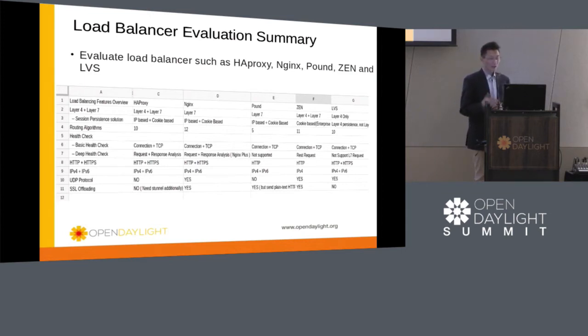HAProxy supports active deep health check, sending the request and analyzing the response. Nginx is able to send the request and analyze the response, but it needs you to pay for the commercial version. There are some other metrics like they support HTTP, HTTPS, and IPv4, IPv6, things like that.